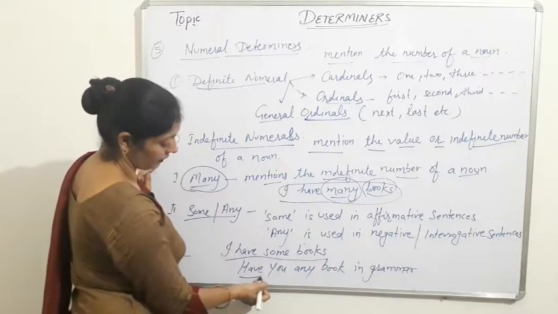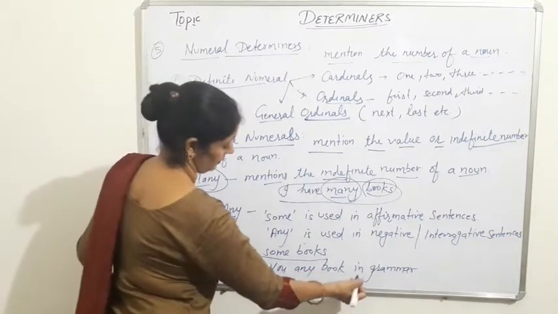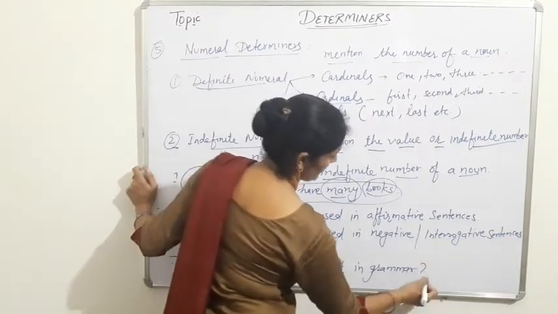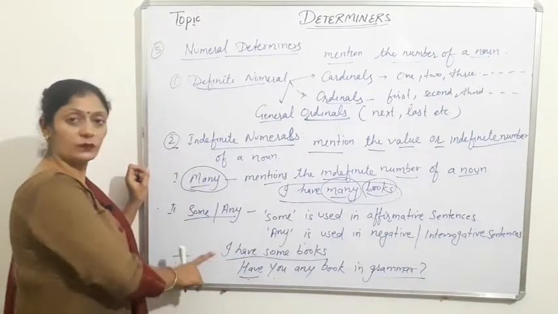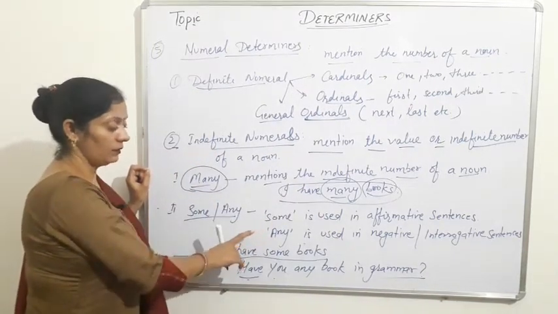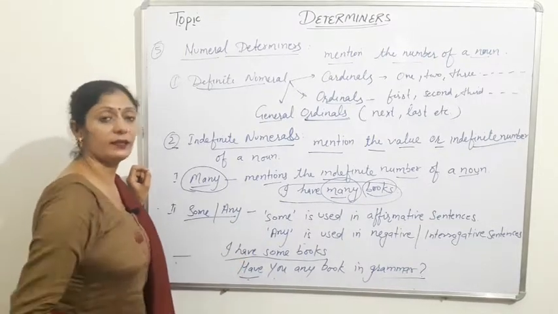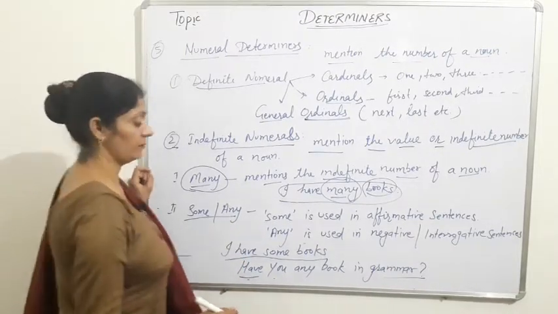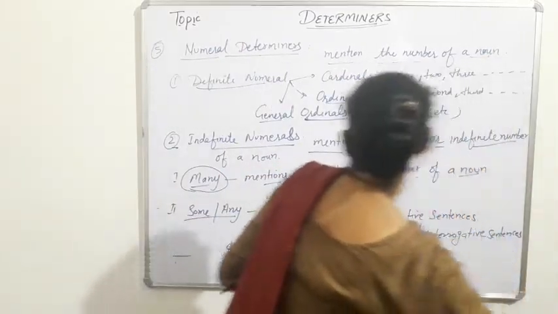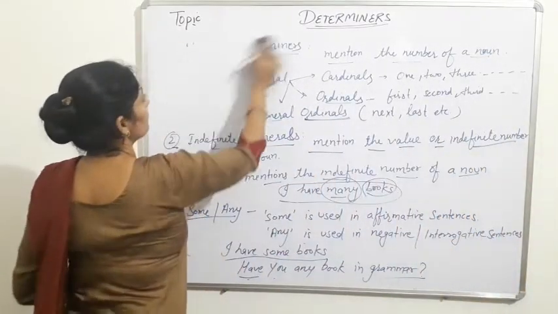And in negative or interrogative, have you any book in grammar? This one is interrogative. Okay, we use some in affirmative and any in negative or interrogative sentences. Next one is few.